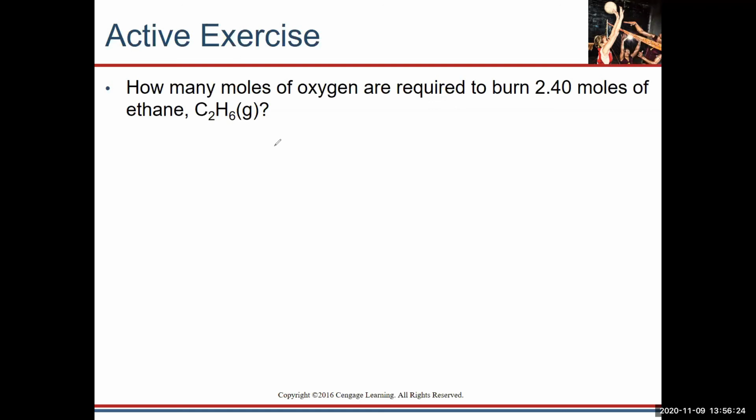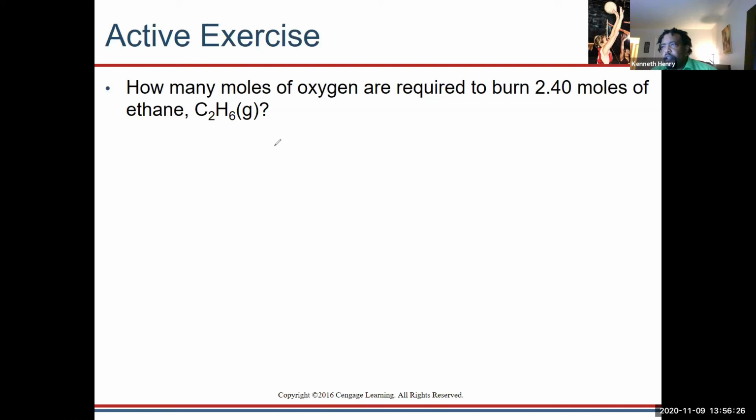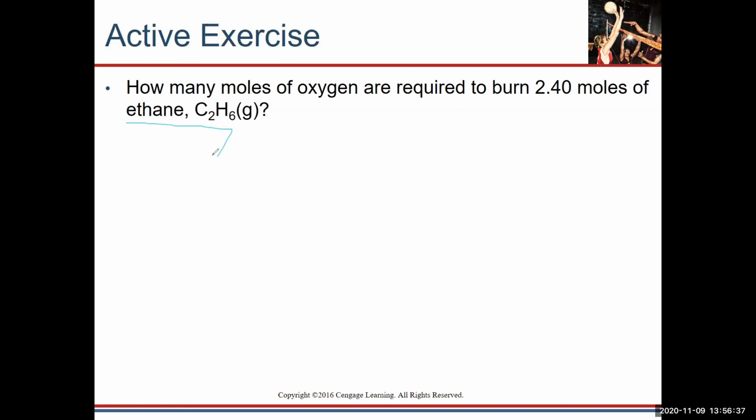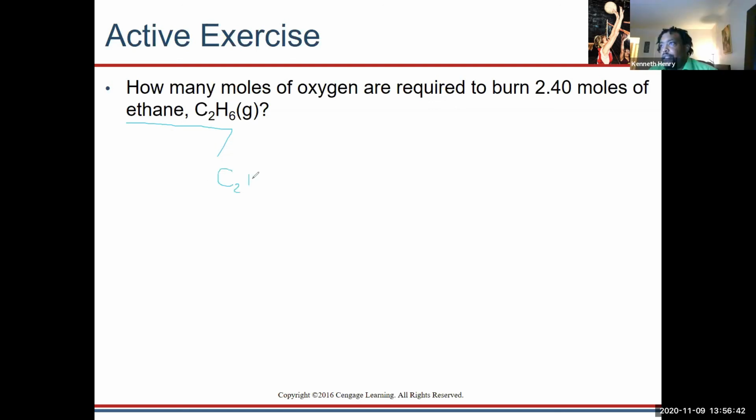A combustion equation, right? Okay, Hector. In a combustion equation, what is one of the reactants given to us? Ethane, which is C2H6, and we know that it's a gas.